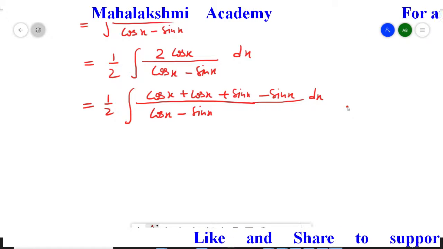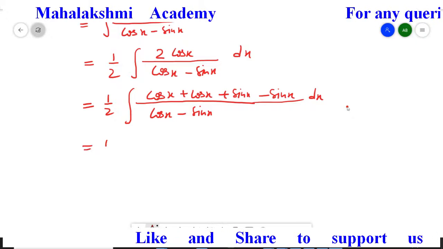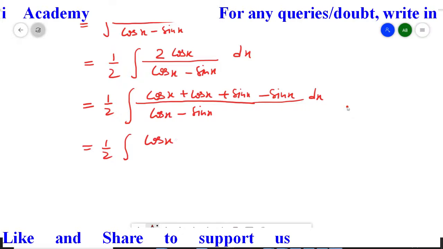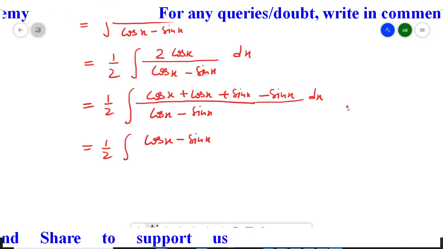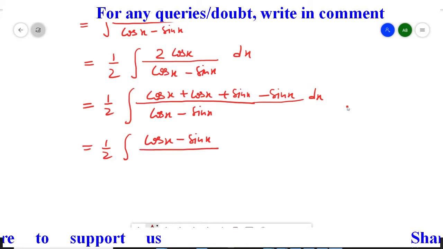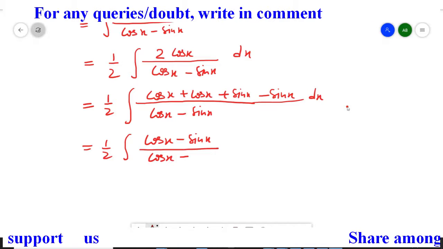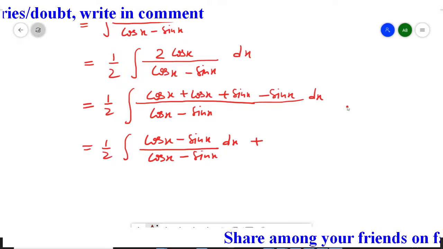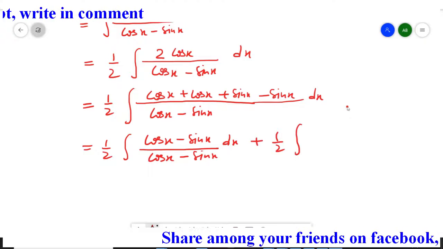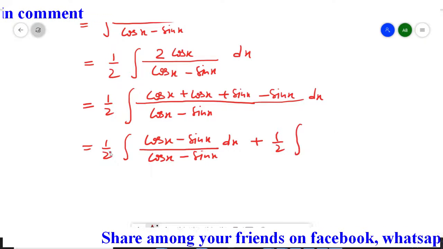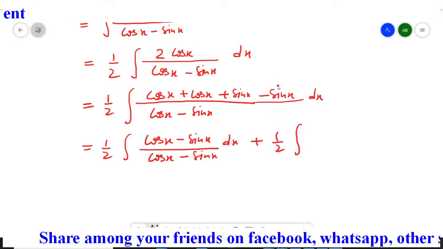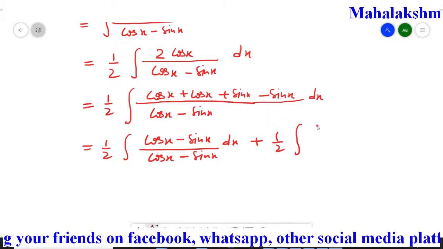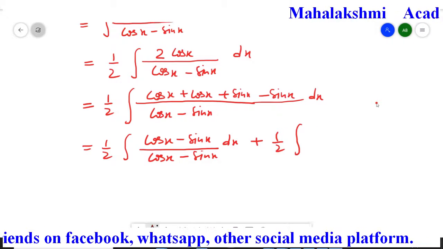After making the pair and the separation, I am going to obtain it like this: cos x minus sin x upon cos x minus sin x dx, and in the same way half integration of. Just see students, here I took cos x and minus sin x. Now what remains here? Cos x plus sin x. So here only cos x plus sin x will come, so we just write that down.